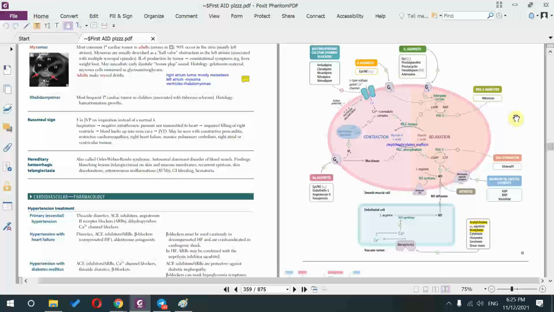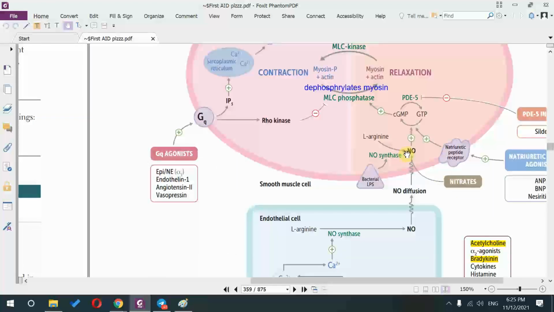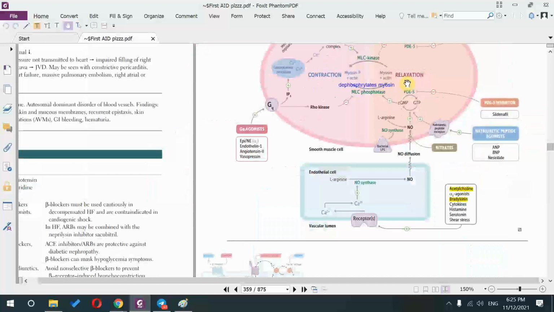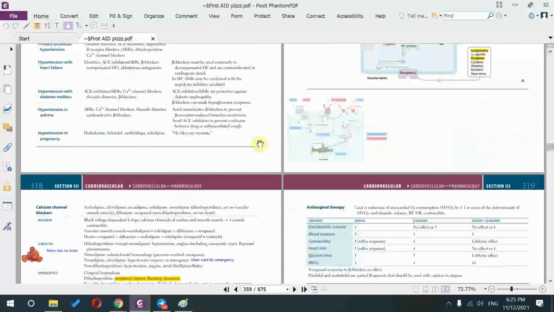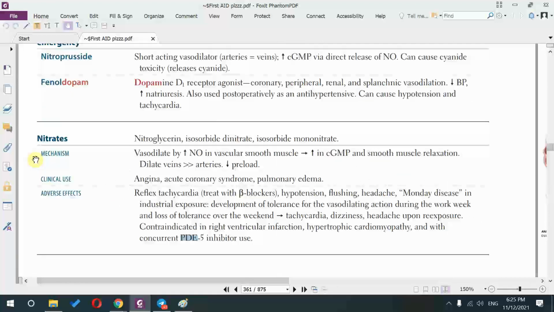Well, you are like, okay, so what is the problem of giving nitrate with it? Notice here that nitrate is here, so you have more nitric oxide and more cyclic GMP, so there will be a massive vasodilatation that can lead to tachycardia. Remember, vasodilatation leads to tachycardia. Okay, massive tachycardia, massive hypotension.